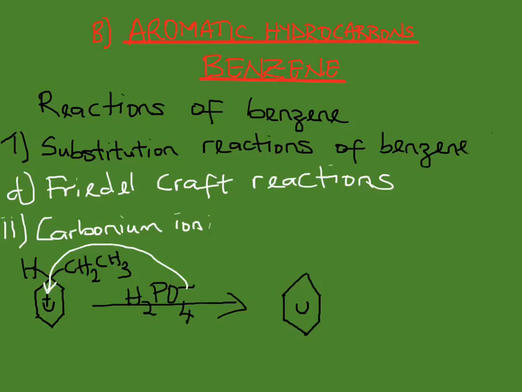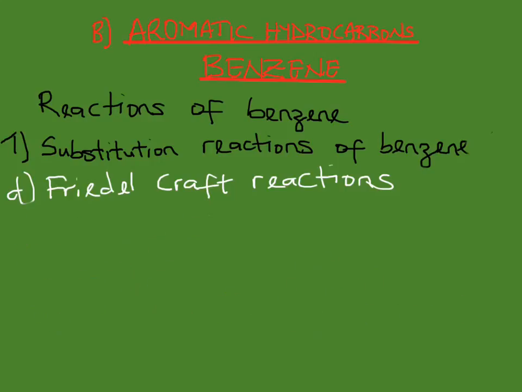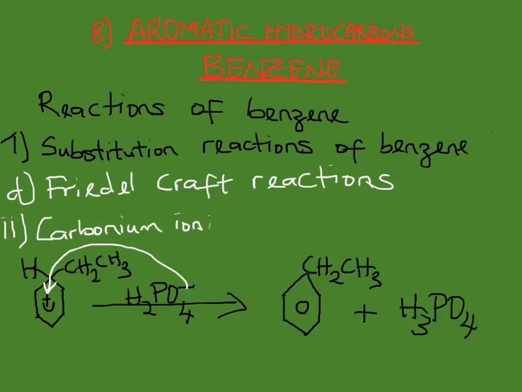The carbonium ion later makes an electrophilic substitution, as you see on your screen, where the carbonium ion is reacted with phosphonium ion to give us ethyl benzene. That's our ethyl benzene.